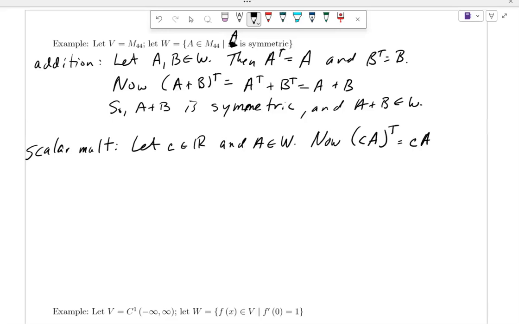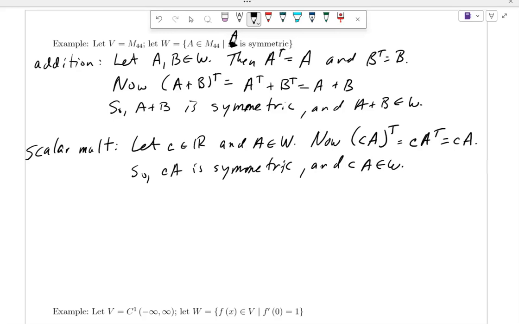Just pull it out, right? The C doesn't do anything with respect to the transpose, really. And then A transpose is A. So C times A is symmetric, and it's back in W.